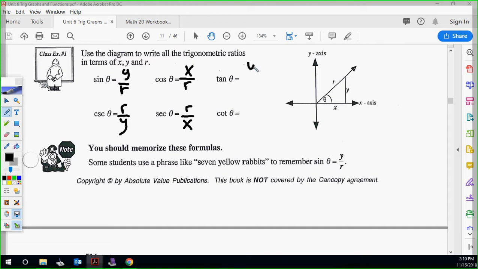Tangent is y over x, cotangent is x over y. And this is why when you're doing trig, sine goes with y, and cosine goes with x in terms of coordinates. We'll get to that more with the unit circle. When we're talking about coordinates, cosine's your x value, and sine's your y value.